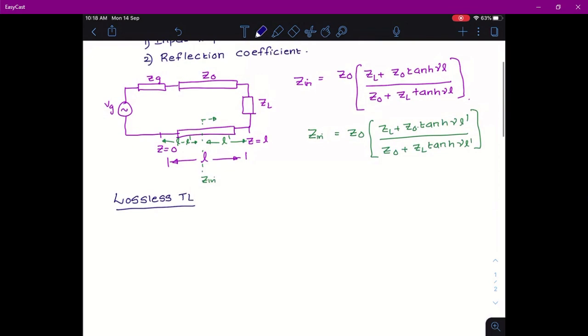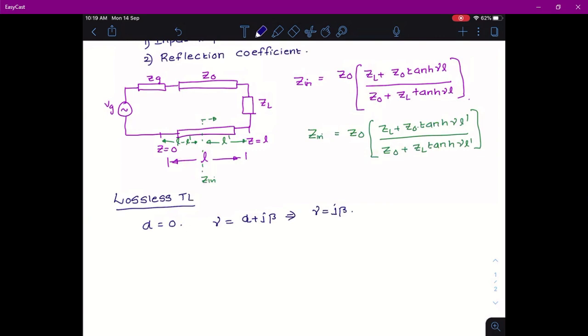That means the attenuation constant alpha is equal to 0. And we also know that the propagation constant is alpha plus j beta, implies for a lossless transmission line my gamma is equal to j beta.